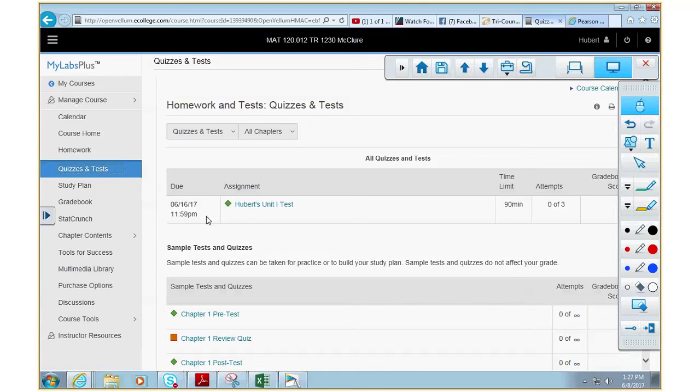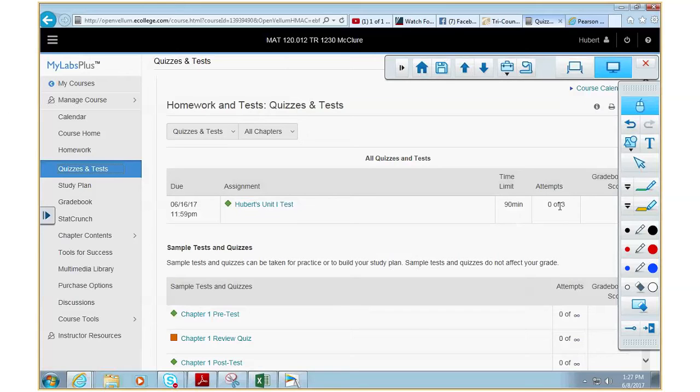And not only does it give you the due date and the time, it tells you how much time you have. That's the next question I get next week. Somebody will come in that door and sit down beside y'all, and they'll come up to me after class and say, how much time do we have to take the test? I have no idea.